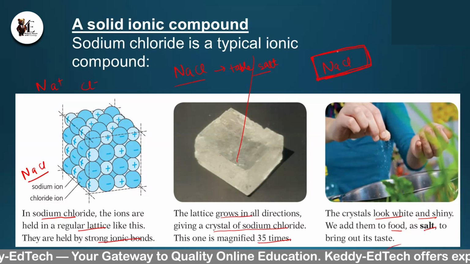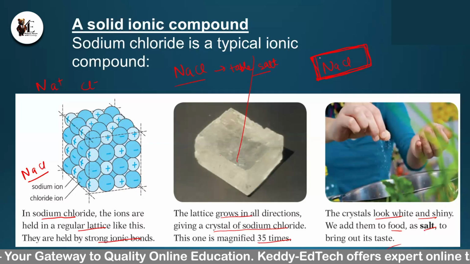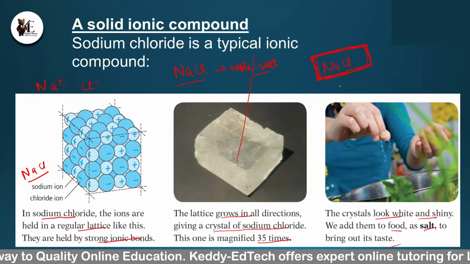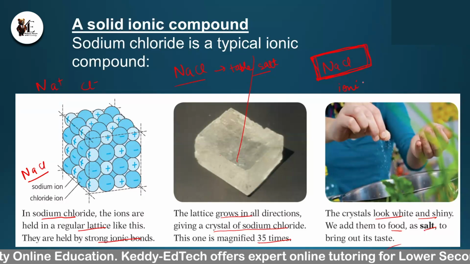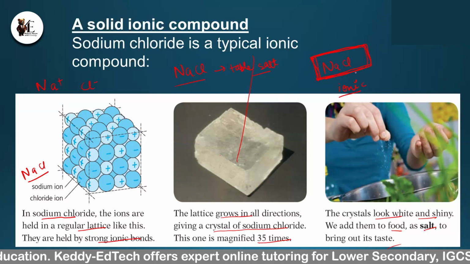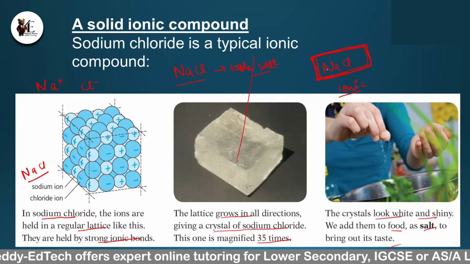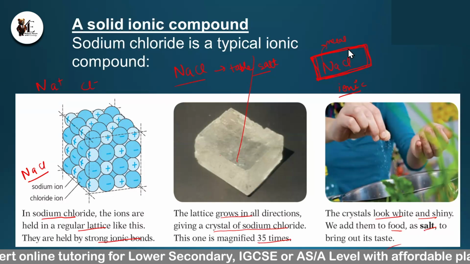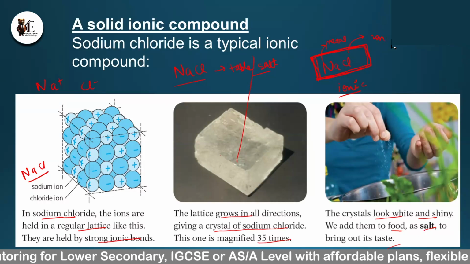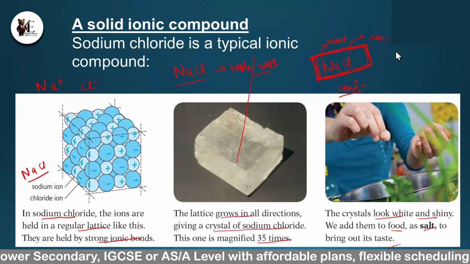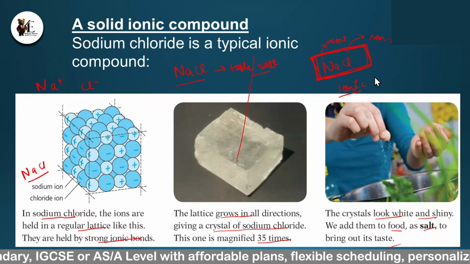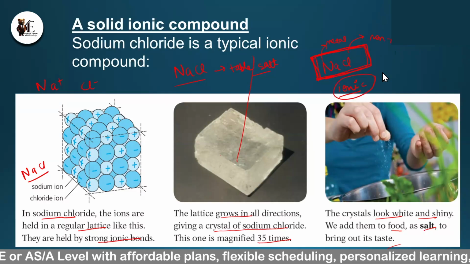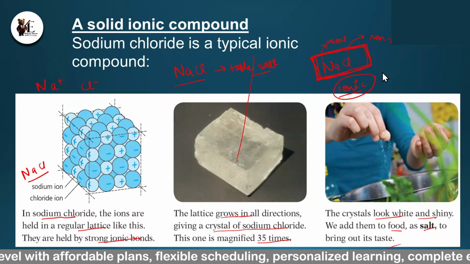Ionic. Yes, it is ionic because it is formed by transfer of electrons and not sharing of electrons. Also, sodium is a metal here and chlorine is a non-metal here. So the bond between a metal and non-metal is an ionic bond. And if we have a bond between two non-metals, it is your covalent bond.